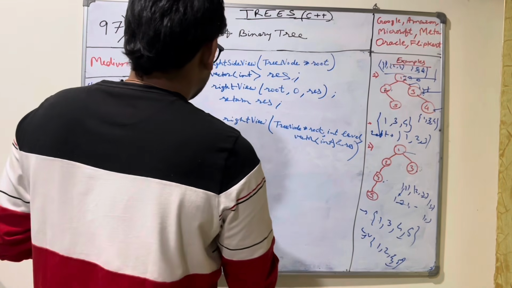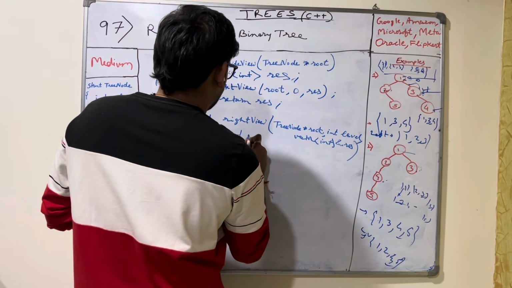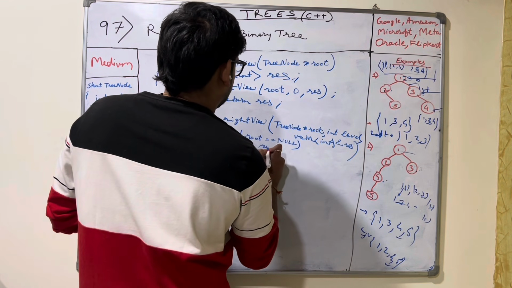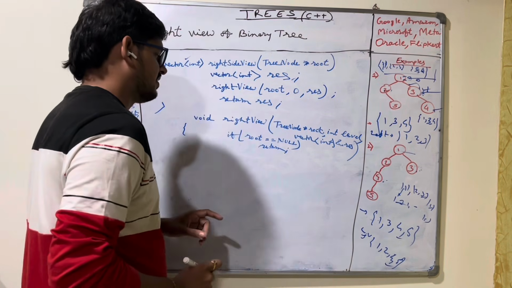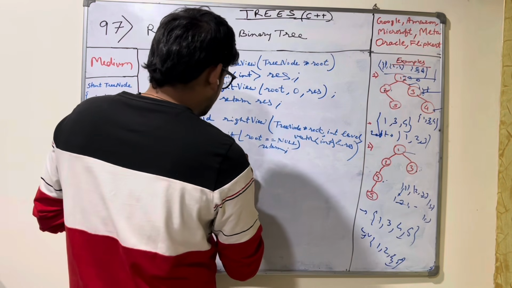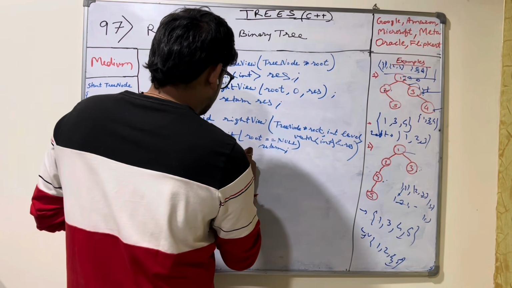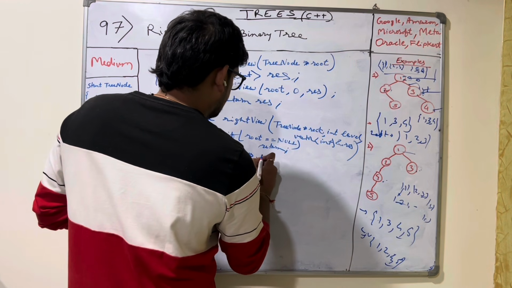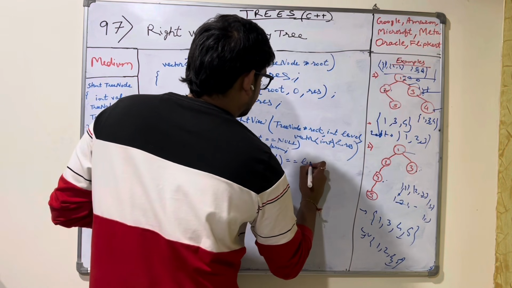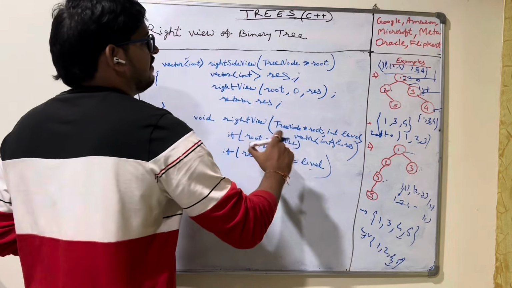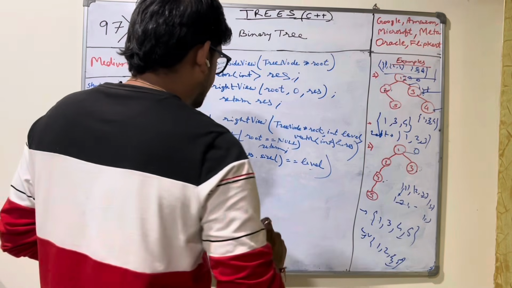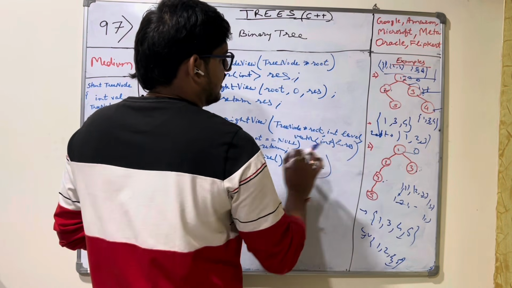Okay, now what we'll do, first case is if root is null. Okay, if root equal to null, then we return. Okay, we don't have to do anything. This is the base case for most of the problems. Now what we will do, if result dot size is equal to level, right? So in the beginning we are in the 0th level, if we consider the first level to be the 0th level, okay, and there is no element in this vector, right?